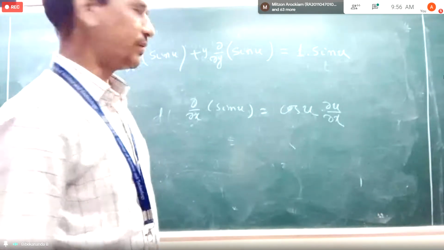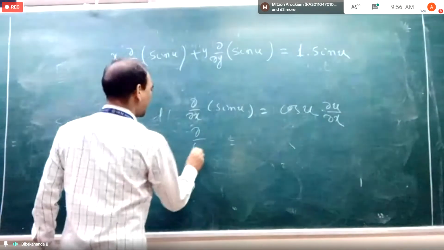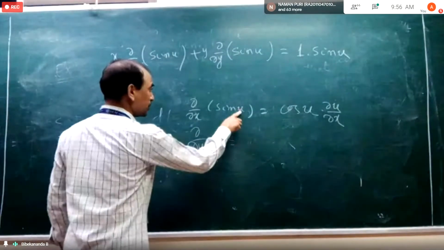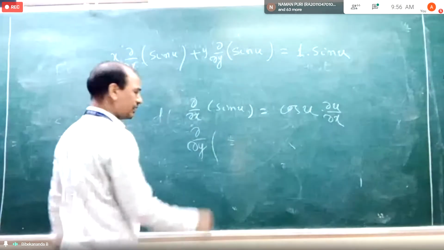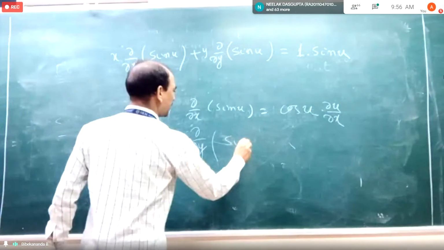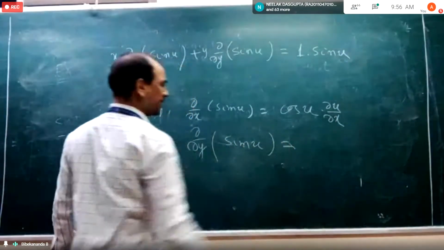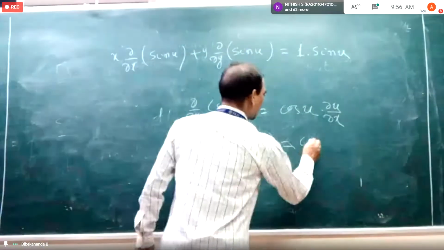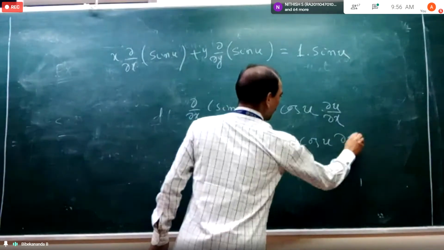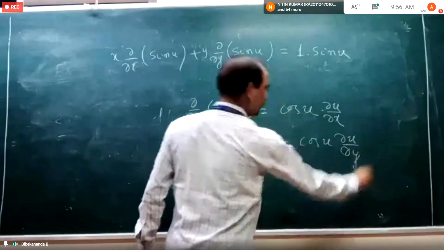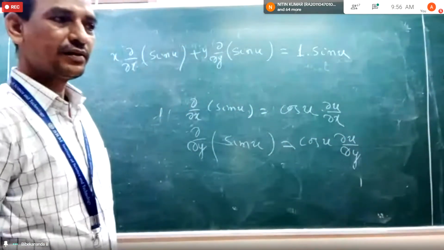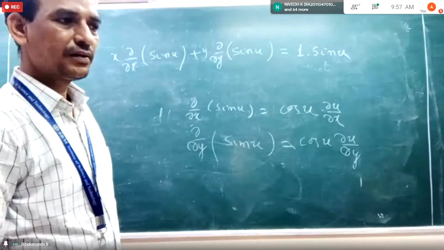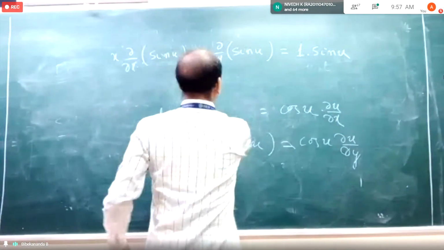Okay. Similarly, if I find with respect to y, because u is a function of x and y, what will be the derivative of sin u with respect to y? What will be the answer? Cos u dou u by dou y. Very good. Is it fine? Okay. So we will put that there.